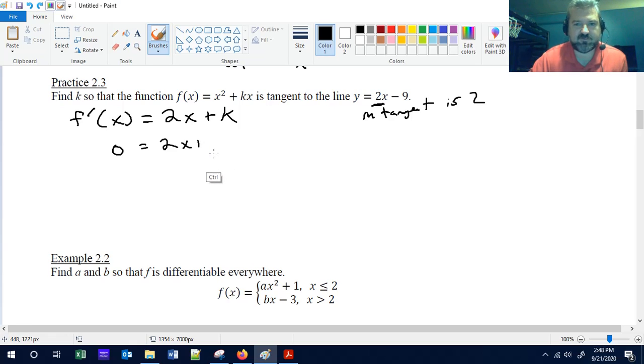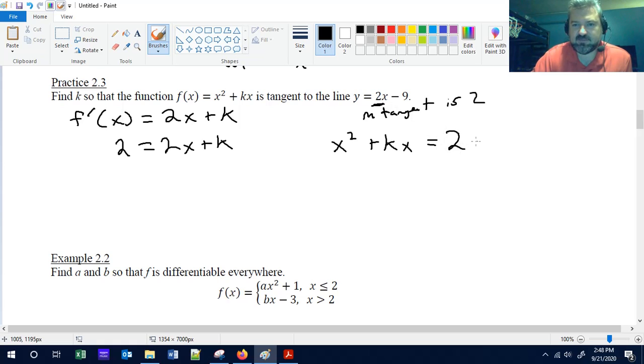That's the wrong thing. What did we say the slope of the tangent line has to be equal to? 2 has to equal 2x plus k. But we also know that there has to be some place where x squared plus kx has to equal the y value at 2x minus 9. So 2 minus 2x has to be the value of k that would allow this to happen.